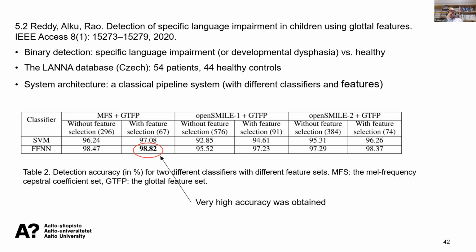We have a number of studies, and just mentioned shortly that here we used an existing database on children's speech and children suffering from specific language impairment. I just want to mention this study because our results and also other researchers who have been using this existing database have managed to show extremely large accuracy.